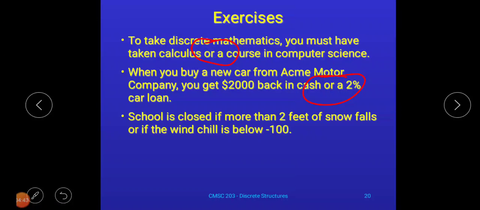I repeat, if you read both statements from the English point of view, then the meaning of both these ors you may find is the same. But from the discrete mathematics point of view, the meaning of this first OR and this second OR is different, because in discrete mathematics two different ORs are given.